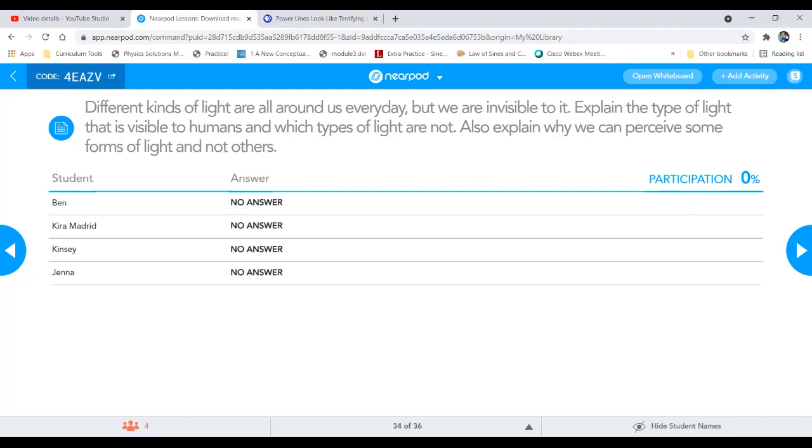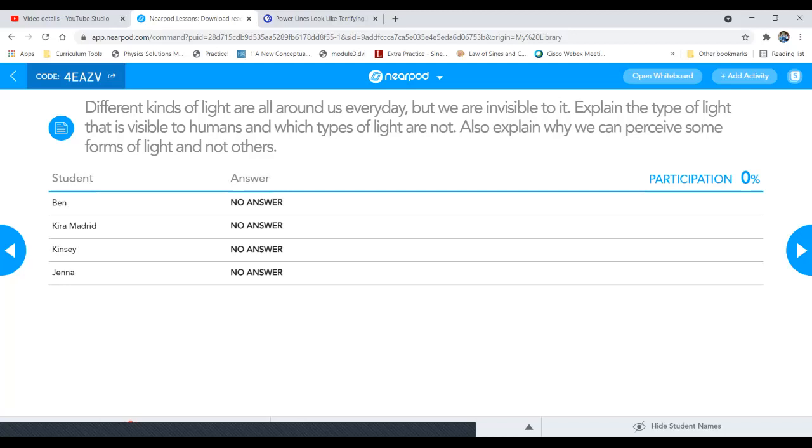And you don't have to explain this right now, but the type of light that is visible to humans is simply the visible light spectrum. And again, that is because of the rods and cones, the receptors inside of our physical eyes, that only perceive the light waves and the energy levels in that visible light spectrum.